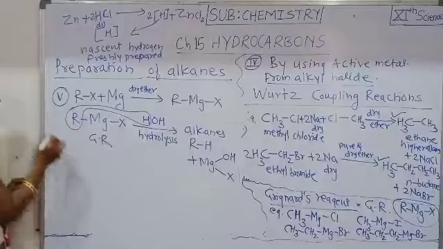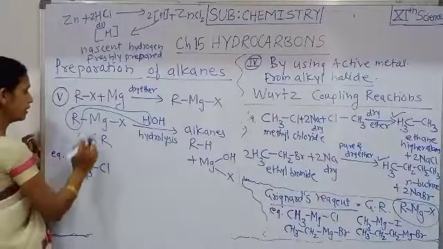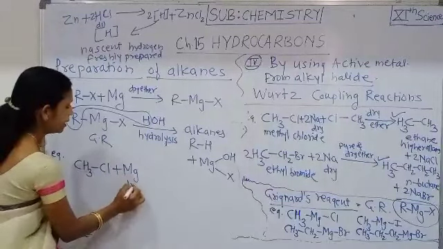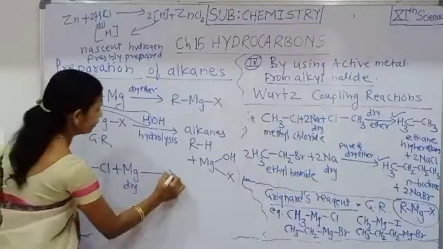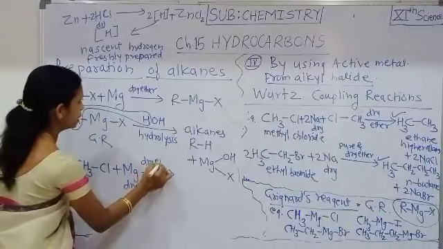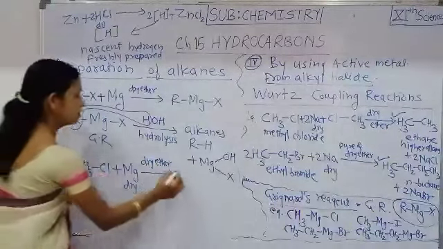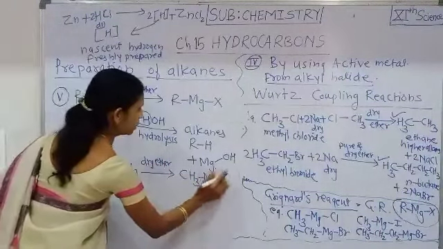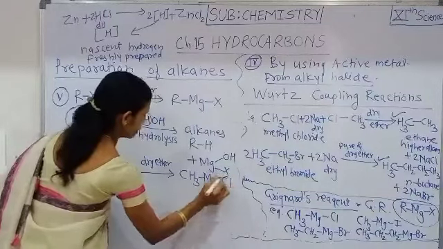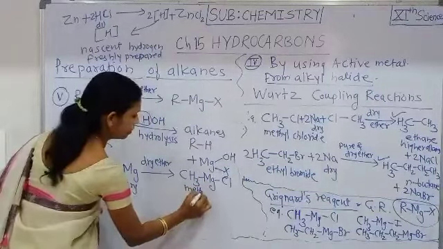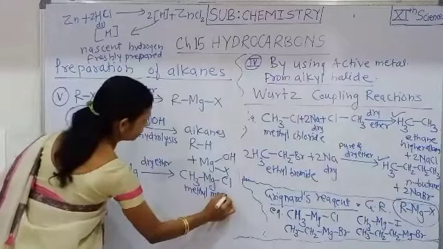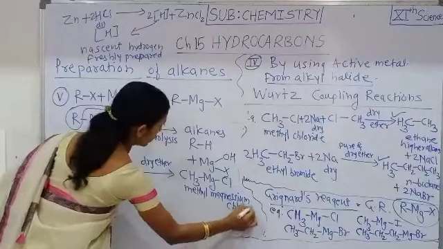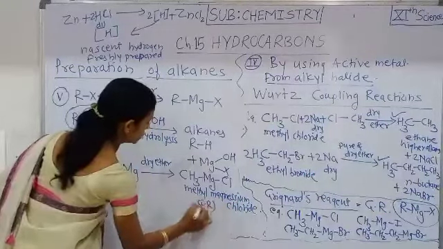Then for example, see here, the alkyl halide methyl chloride, when treated with dry and pure magnesium in the presence of pure and dry ether, gives CH3MgCl, that is methyl magnesium chloride, the Grignard's reagent.